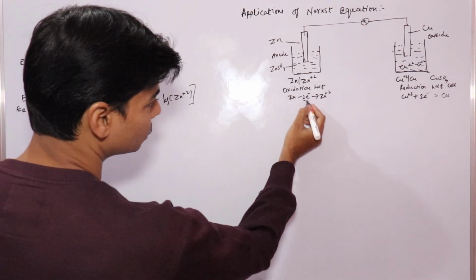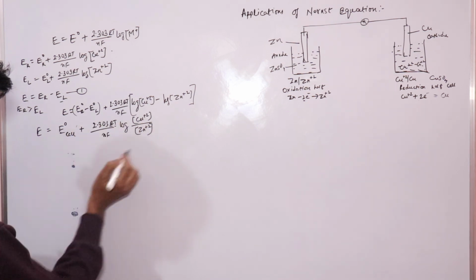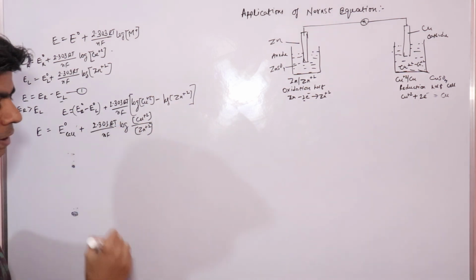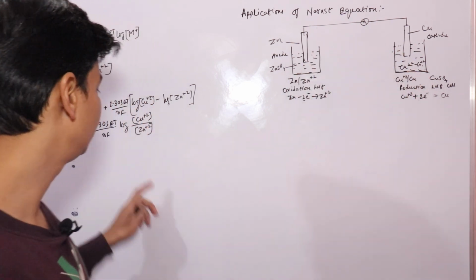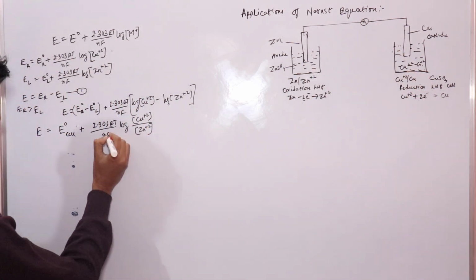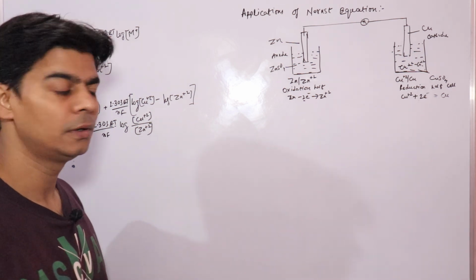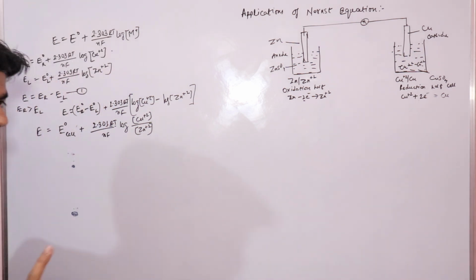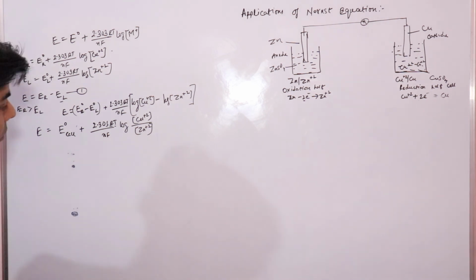Here the number of electrons is 2, so in the standard formula we write N: whatever number of electrons is involved in the cell reaction is the value of N. F is Faraday's constant, whose value is 96,500 coulombs for 1 mole of electrons. So NF would be the total charge.